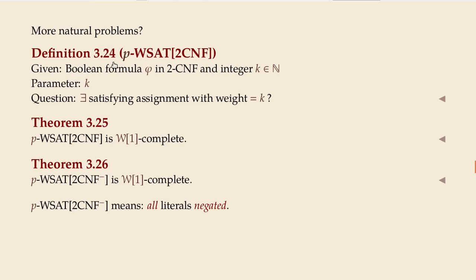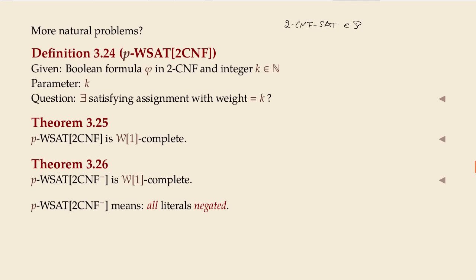It's the problem PW-SAT2CNF. We're given a Boolean formula that's in 2 conjunctive normal form and a parameter k, and we are asking for an assignment of that weight. One might add that the 2CNF SAT problem, if you drop this weight thing, is in P. It's a simple problem.